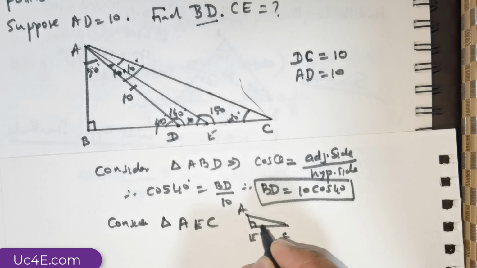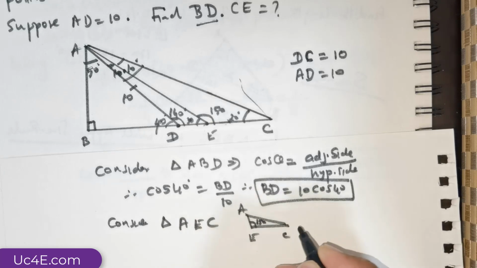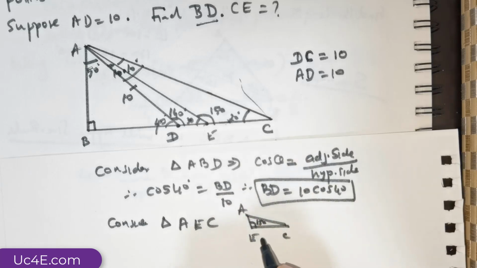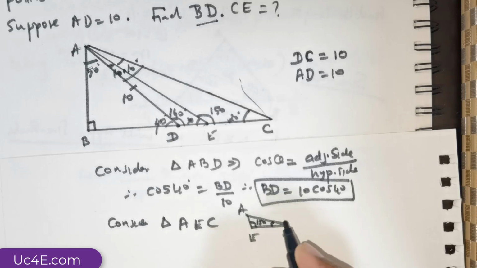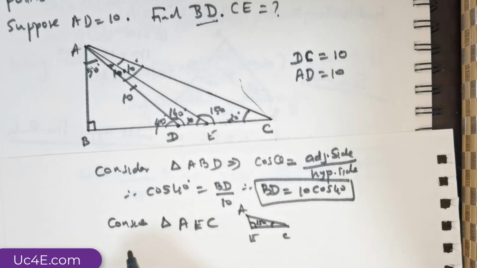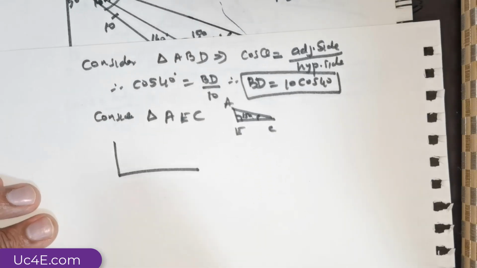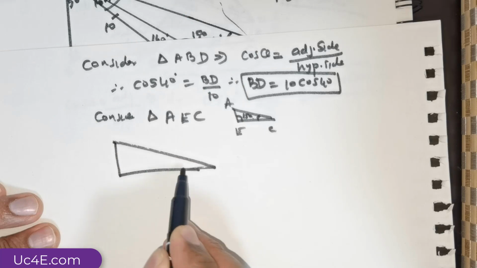So this is 150, and if I were to apply the sine rule, I've not only got 150, I've got a 20 degree angle here. So probably I will draw a bigger angle.